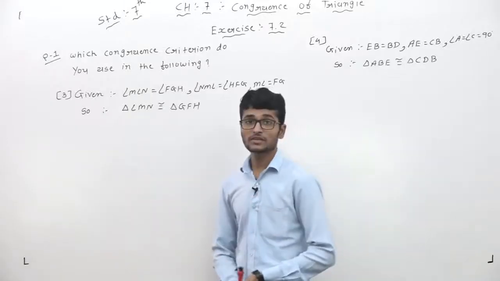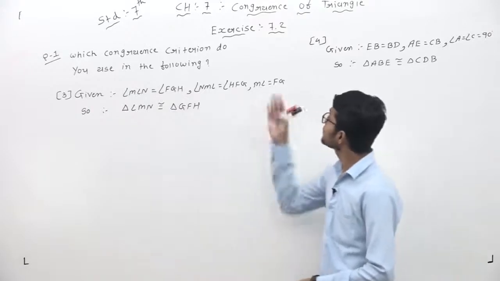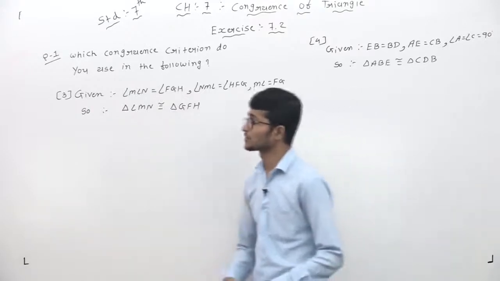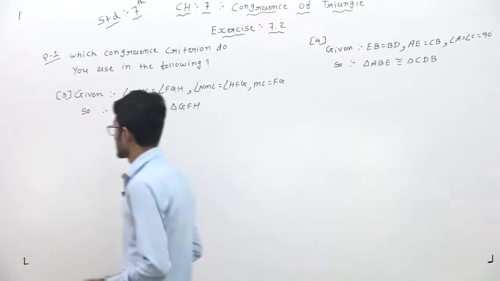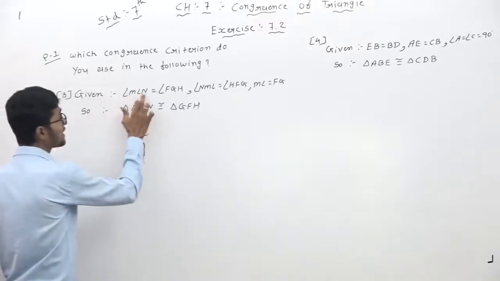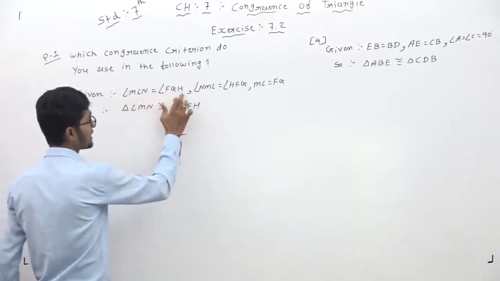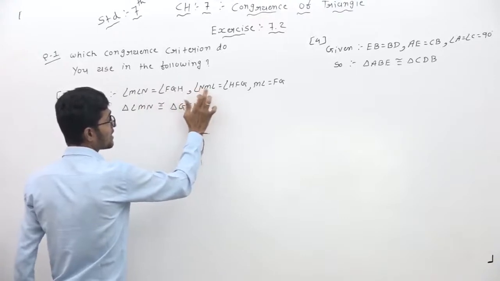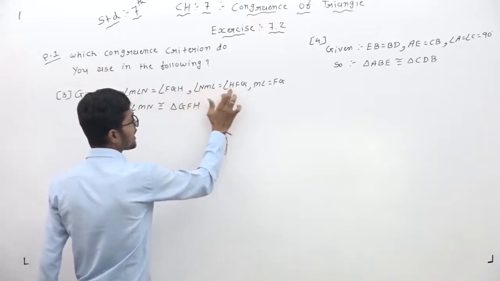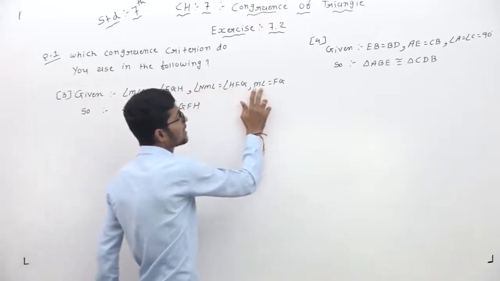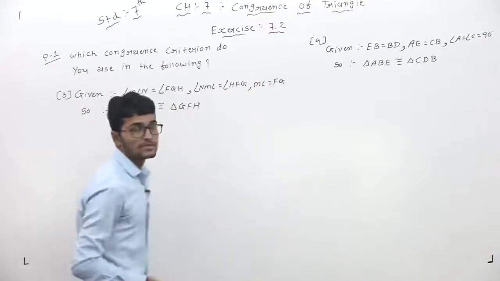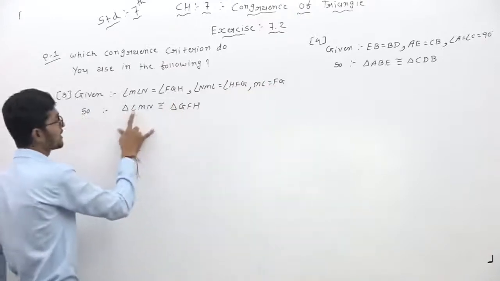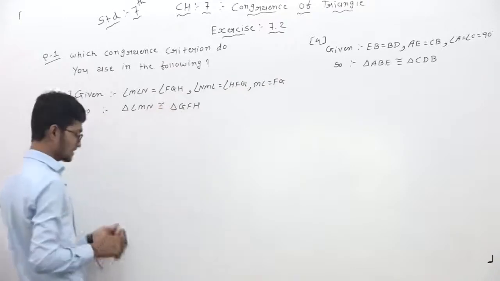Question number 3 of question number 1 for the exercise 7.2. In these questions, given angle LMN is equal to angle FGH, angle LNM is equal to angle HFG, ML is equal to FG, and so triangle LMN is congruent to triangle GFH.